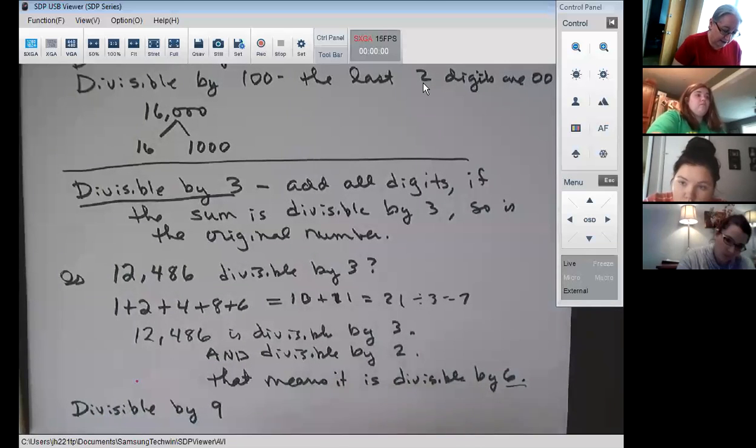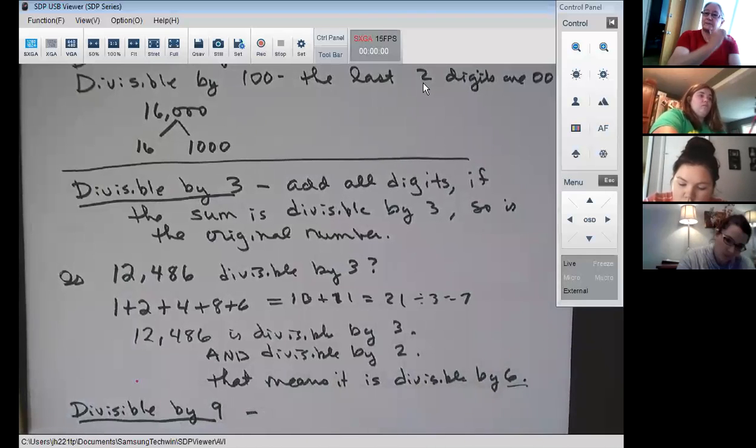So what's the test for divisible by 9? Well, it's similar to the test for 3, except now when you add up all the digits, they have to divide by 9 for the whole number to be divisible by 9.